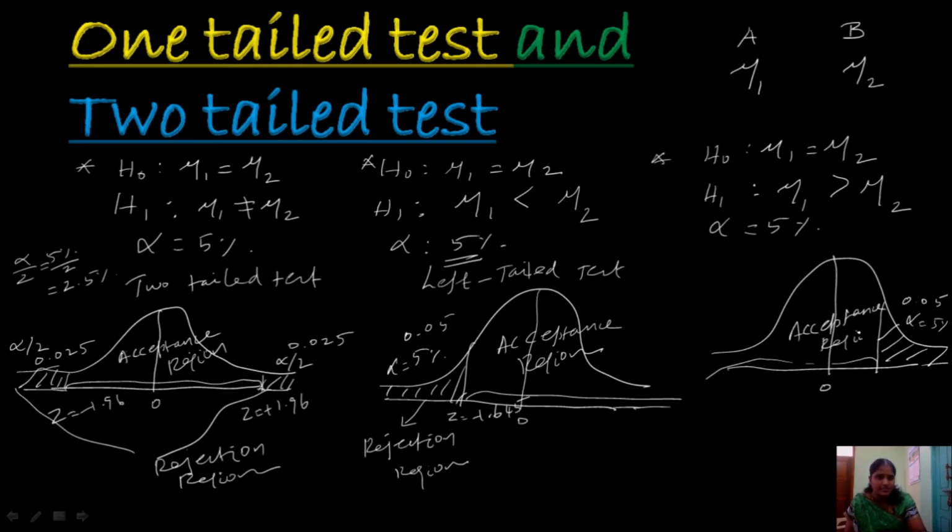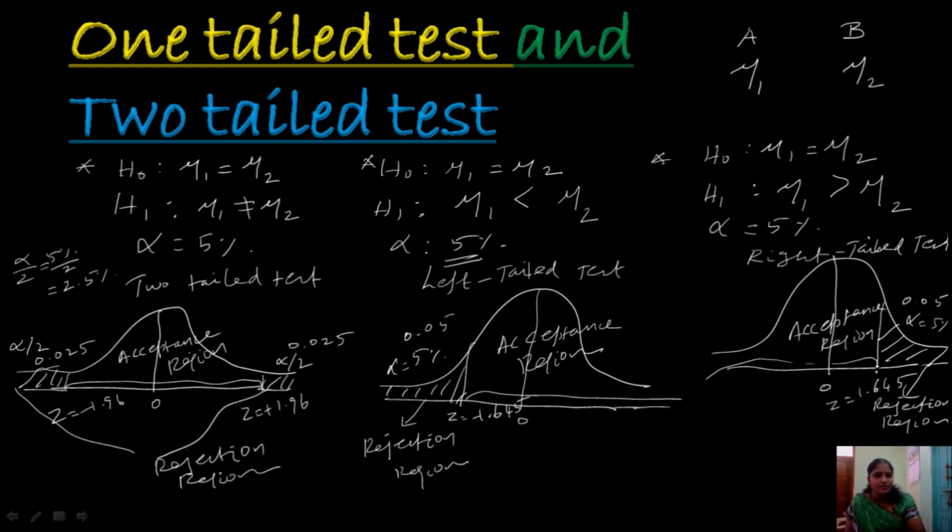This is my acceptance region and this is my rejection region. Here the critical region, or rejection region, falls on the right hand side of the normal curve. So we call this type of test a right-tailed test. And the table value of Z at 5% level of significance for a right-tailed test is Z equal to plus 1.645.